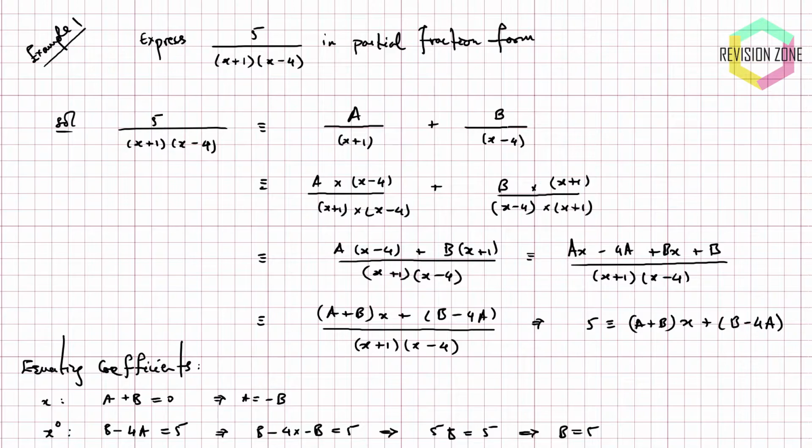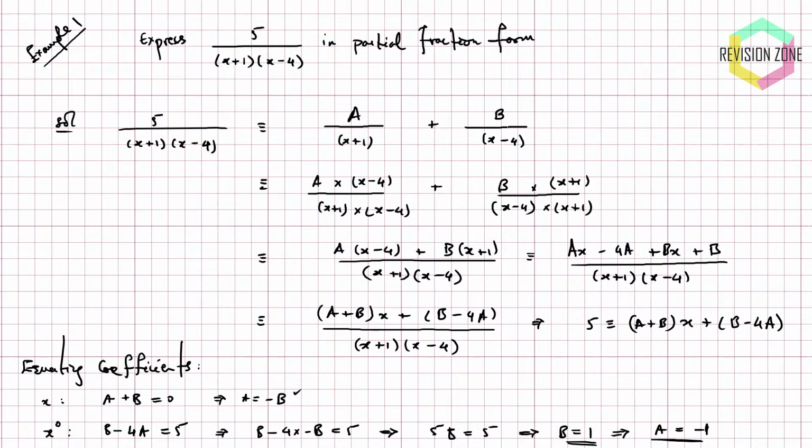Since b is equal to 1, going back to the statement a equals minus b, that tells us a is actually equal to minus 1. So we've actually worked out our values for a and b.